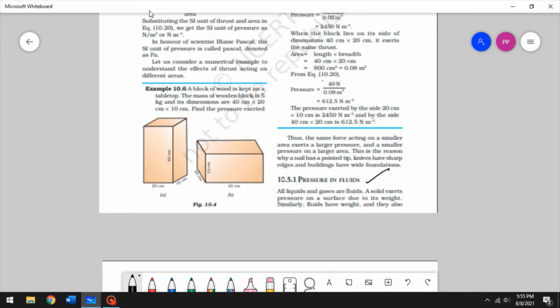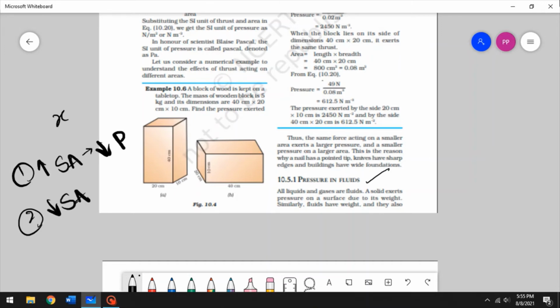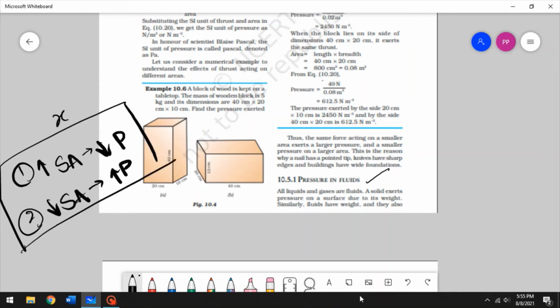So if you apply the same force, the surface areas of those two objects would make it seem like two different things. If it has a greater surface area, you would need to apply less pressure. If it had a lesser surface area, you would need to apply more pressure. Alright, so this is like a basic relation between surface area and pressure.